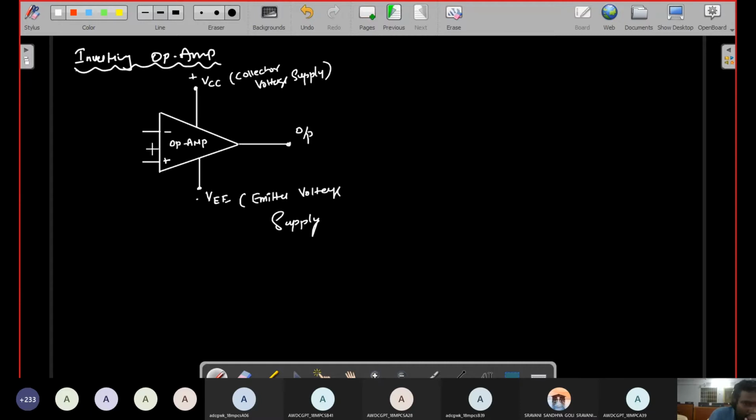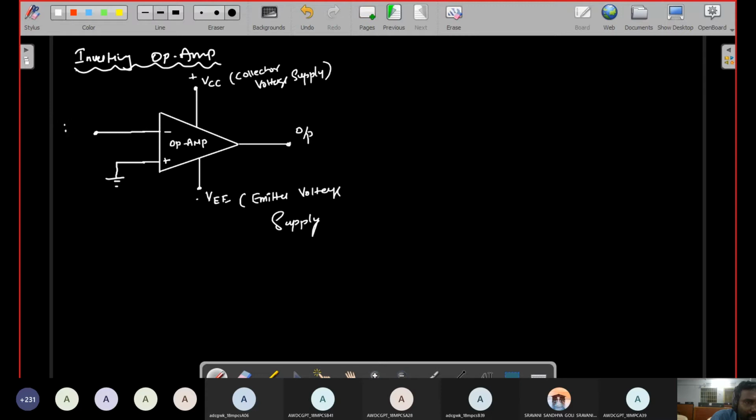So this is the logic symbol of operational amplifier. In this amplifier, I'll consider only the inverting terminal, and the non-inverting terminal is connected to ground. And this is the inverting terminal.